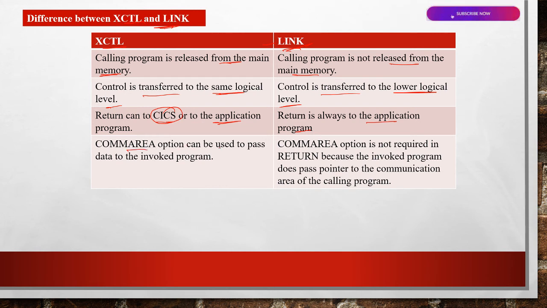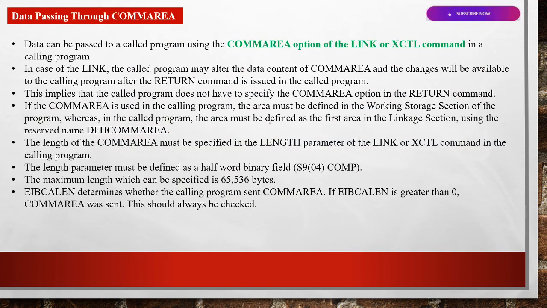But in the case of RETURN, it always returns the control to the application program. And the COM area option can be used to pass data to the invoked program, and here the option is not required in RETURN because the invoked program does get a pointer to the communication area of the calling program. And how do we pass the data through the COM area? Data can be passed to the called program using the COM area option of the LINK or XCTL command in the calling program.